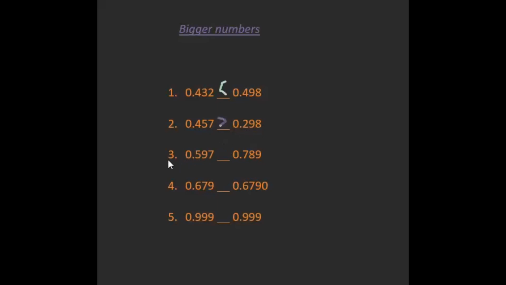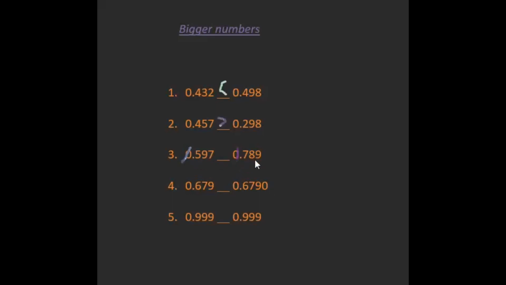Okay, so now let's move on to the third problem. 0 and 597 thousandths and 0 and 789 thousandths. Straight away again we can see that we can't compare the zeros, so we move on to the tenths place. Then we see what our tenths are: 5 and 7. We know that 7 is greater than 5.